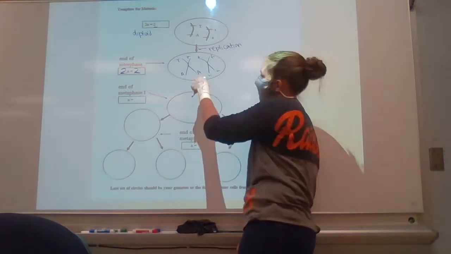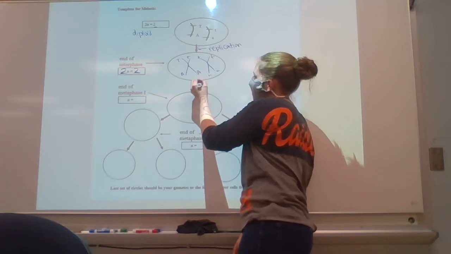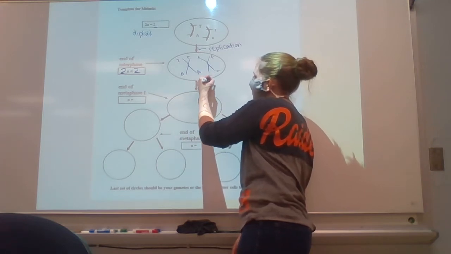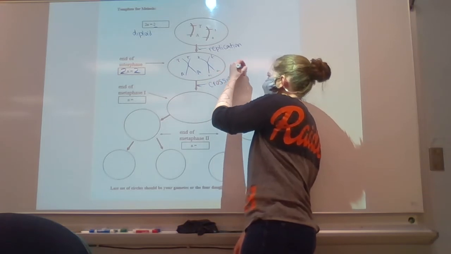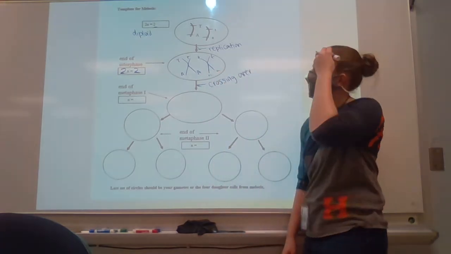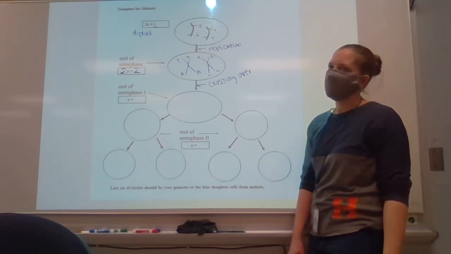Okay. Between this and metaphase 1, what major event will have happened? Crossing over. If you read the directions really carefully, it told you specifically to cross over which one of the genes.